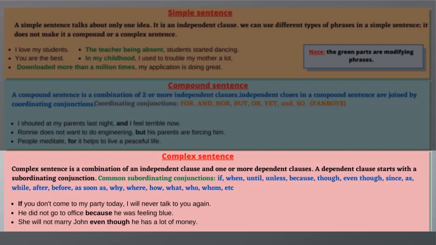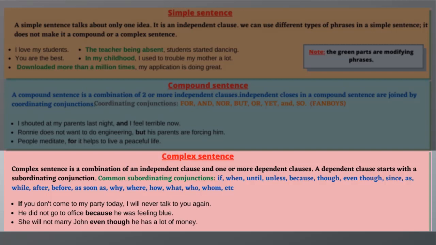Now, what is a complex sentence? A complex sentence is a combination of one independent clause, a sentence, and one dependent clause. Now, what is a dependent clause? It's nothing but a clause, a group of words that has a subject and a verb. But it does not give a clear meaning. It does not stand on its own because it is dependent on an independent clause. A dependent clause starts with a subordinating conjunction.